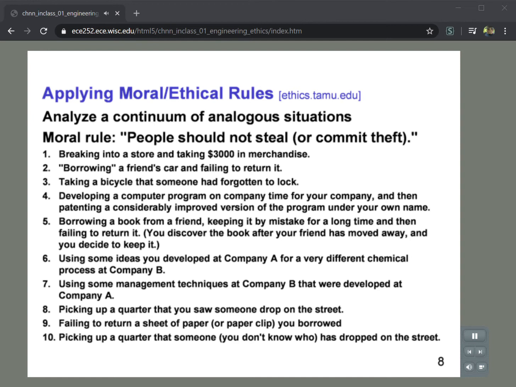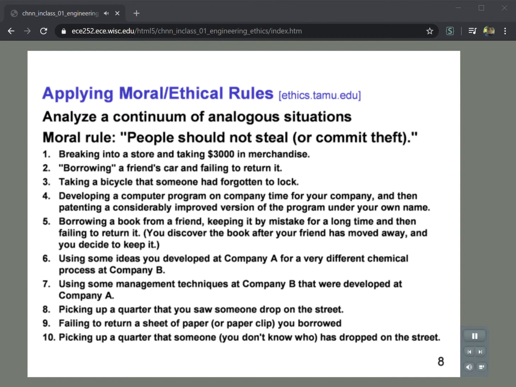So try to create a set of situations that range from clear and obvious violations of that principle at one end, so these would be the first few on the list here, versus ones that are progressively more ambiguous, until you finally get to cases where you might see that somebody would view this as a violation of this ethical principle, but definitely most people would probably say, oh, who cares? That's no big deal.